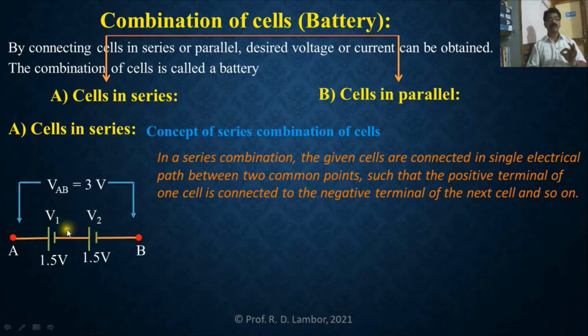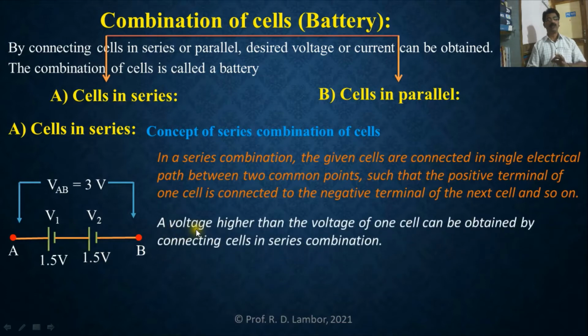That's why these two cells are in series combination. In a series combination, a voltage greater than the voltage of one cell can be obtained.